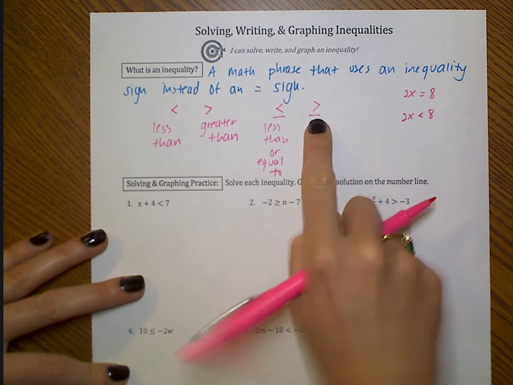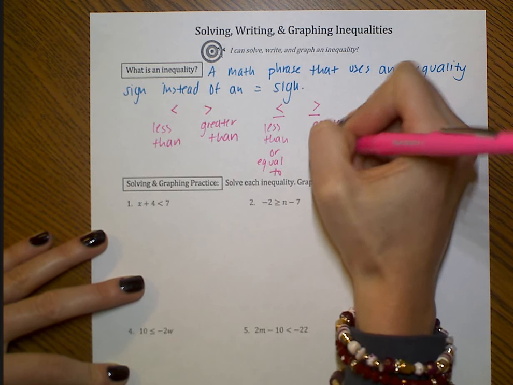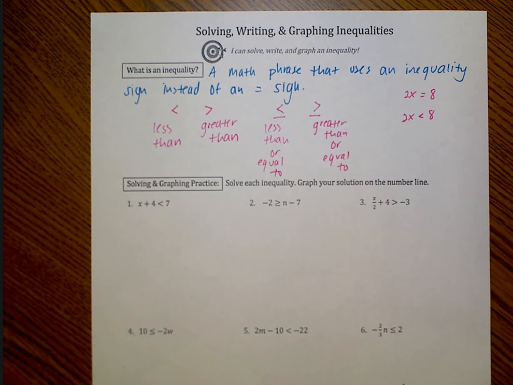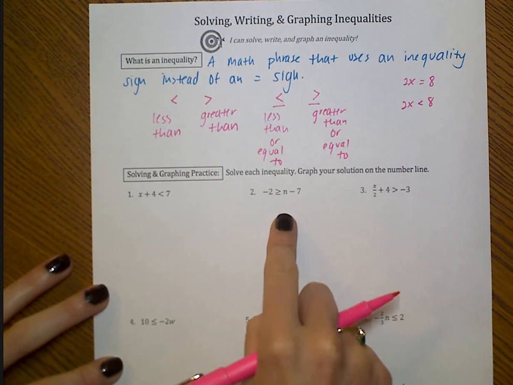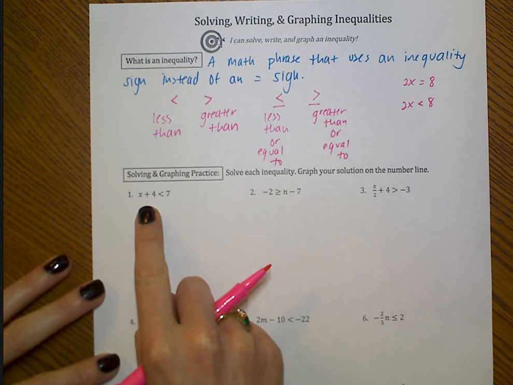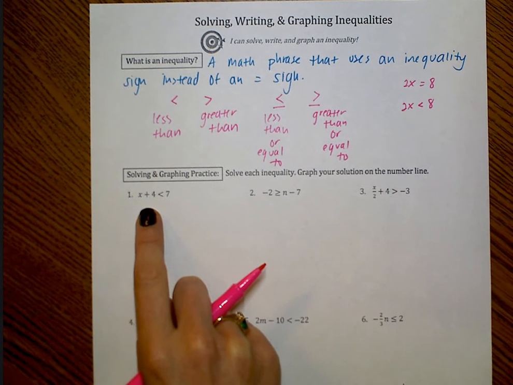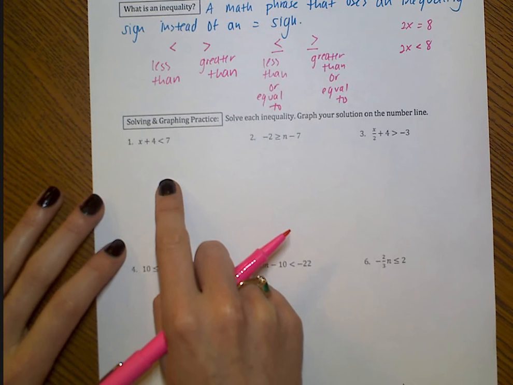And this one is greater than or equal to. So hopefully you are familiar with those 4 symbols already. Basically the biggest difference is when you're solving an inequality, a less than just adds so many more solutions than an equation ever would have had. But we're still going to be solving things just like we did last unit.